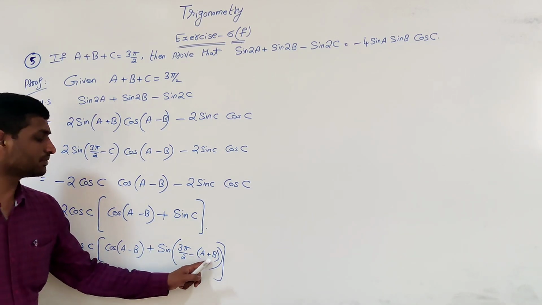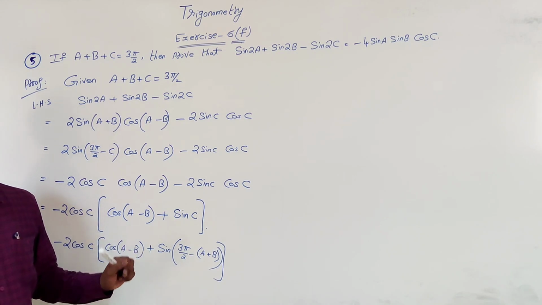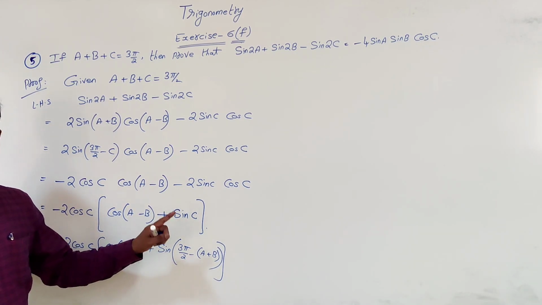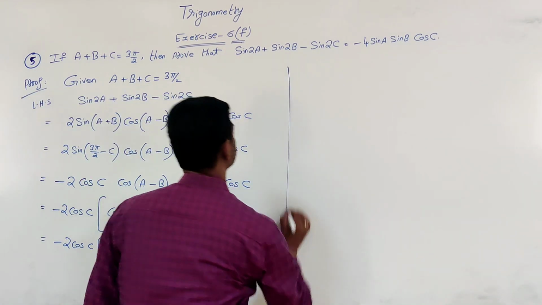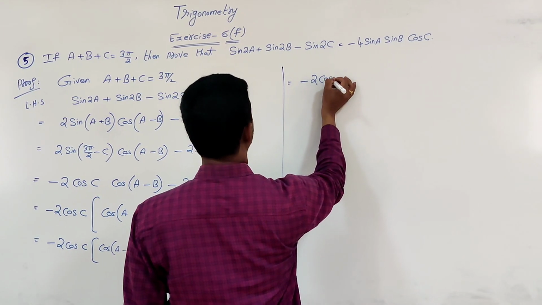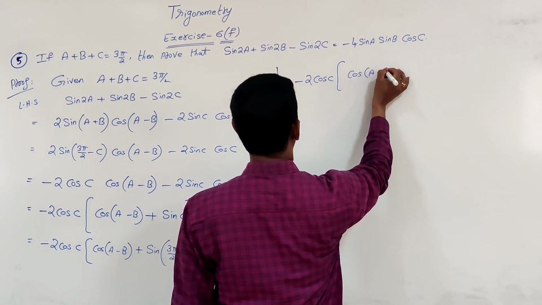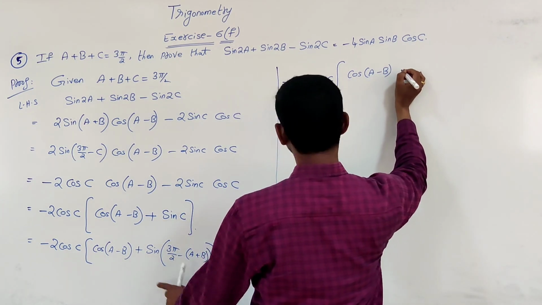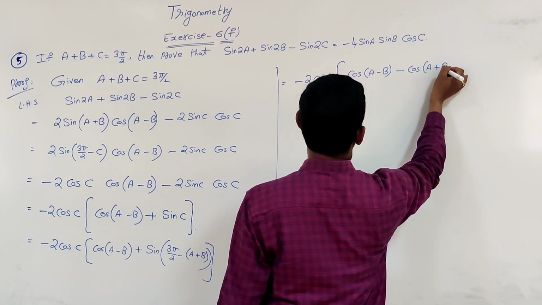Again, 270 minus θ lies in the third quadrant. In the third quadrant, sine has a negative sign, and the trigonometric ratio changes because it is an odd multiple of 90. So minus 2 cos C times cos(A − B), and this gives minus cos(A + B).